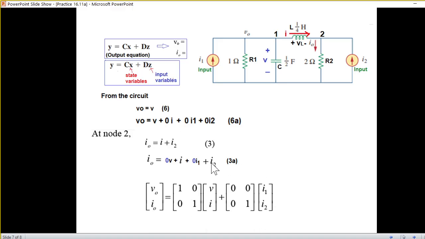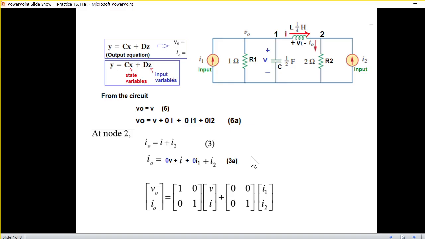And from this, we can also write in terms of a matrix, two outputs V0 and I0, and comparing these two. First of all, this part is 1 and 0, and from here 0 and 1 V, and the second part is 0, 0, 0, 1, 0, 0, 0, 1.